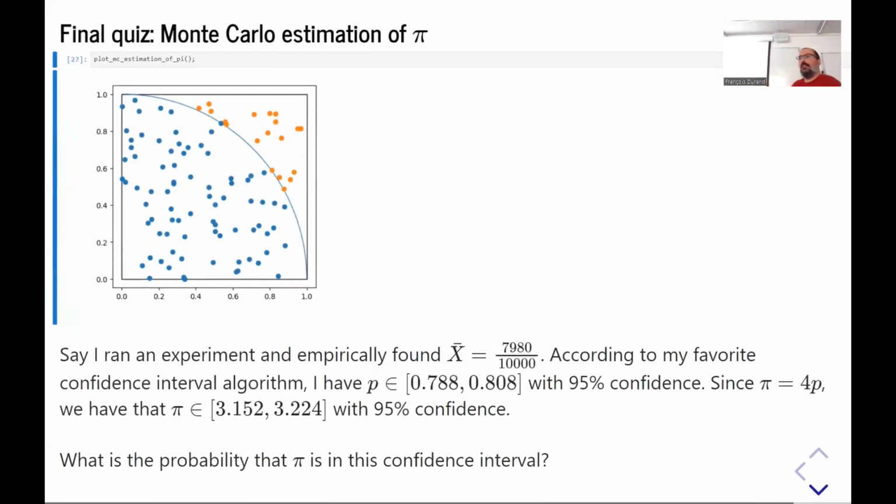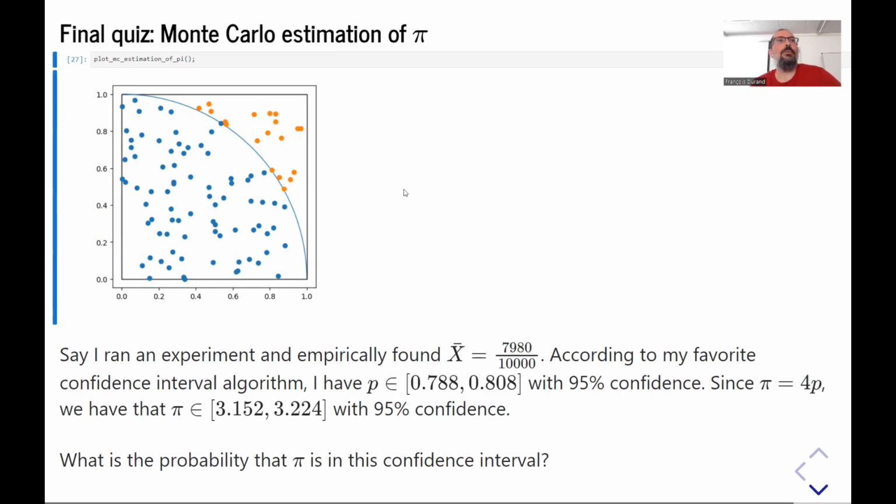Conclusion, just to see how many people did fall asleep during the talk, I have a final quiz. So I want to do a Monte Carlo estimation of pi. It's a very famous example of the Monte Carlo method. I will draw some random points on the plane with x between 0 and 1, y between 0 and 1.